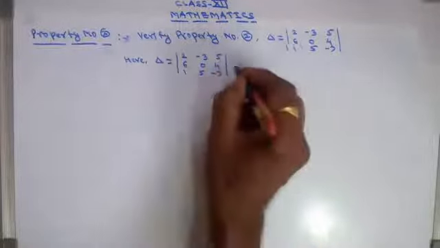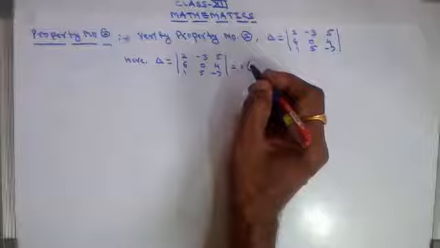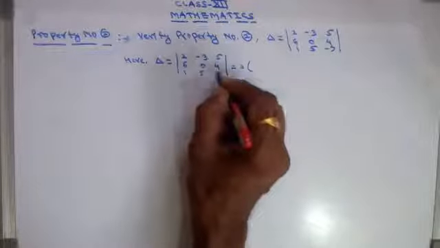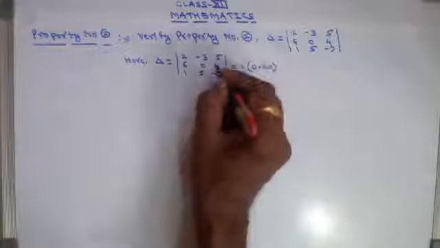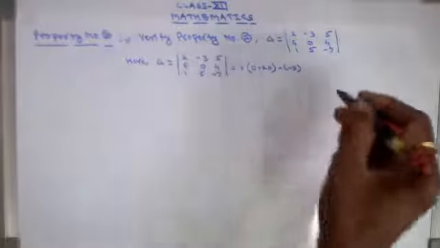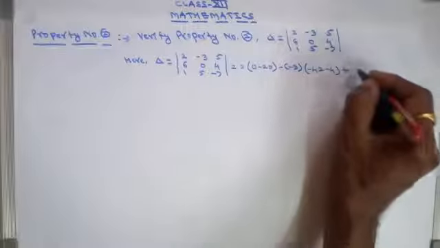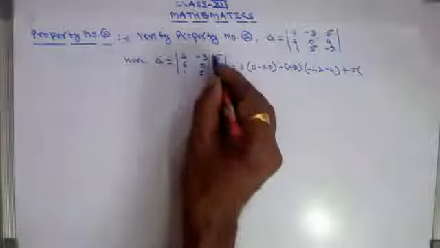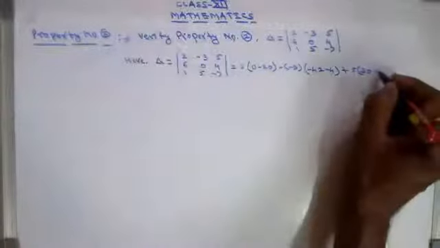So this is equal to 2 into bracket, find the value of 2 into, this will be 0 into this minus 7, so minus 20 into 4. Then minus of minus 3, that will be 6 into minus 7 minus 42, minus 42, and this is minus 4, plus 5 into bracket, leave this row and this column, so 6 into 5, 30, 0 into 1, that is 0.